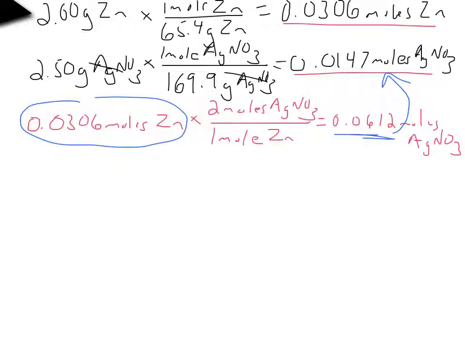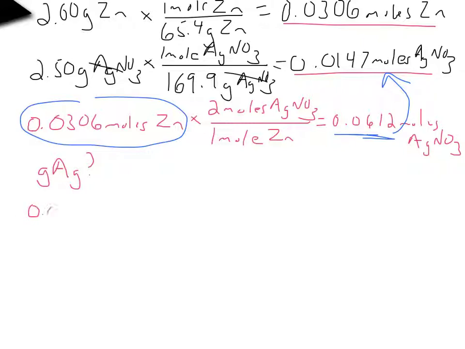Alright, so now if we go on to practice problem B, B is asking for the grams of silver produced, or how much is formed. Once again we can just start with our limiting reactant for most of these problems, because once we've identified the limiting reactant, we can't make more than what our limiting reactant allows.